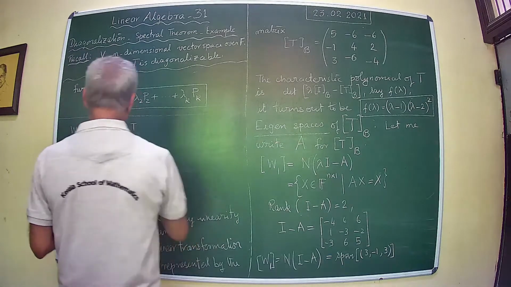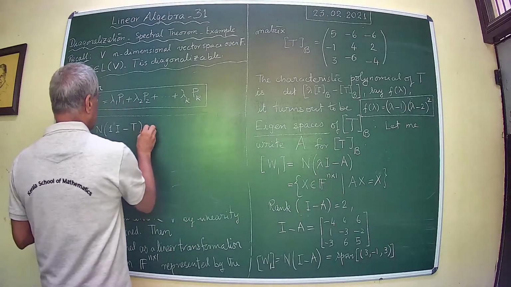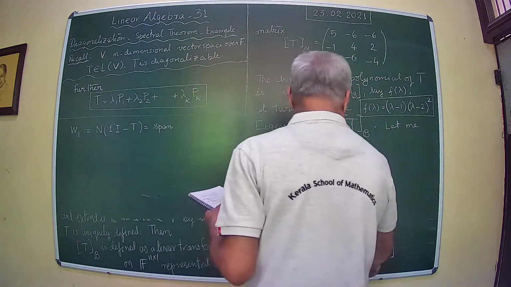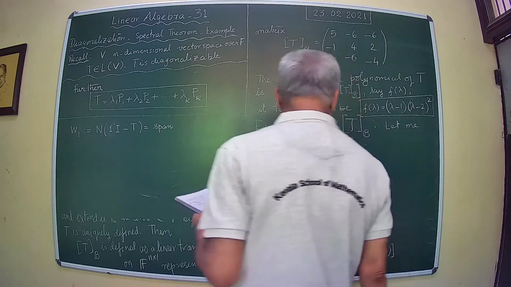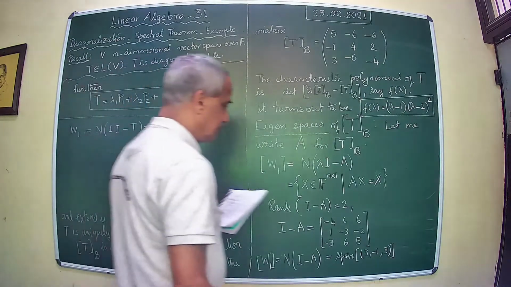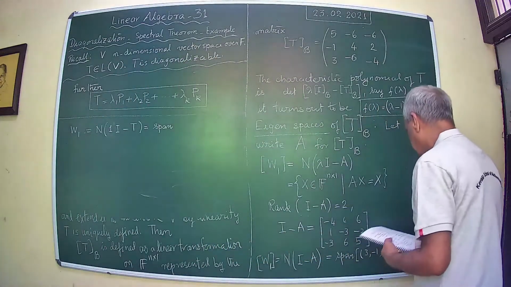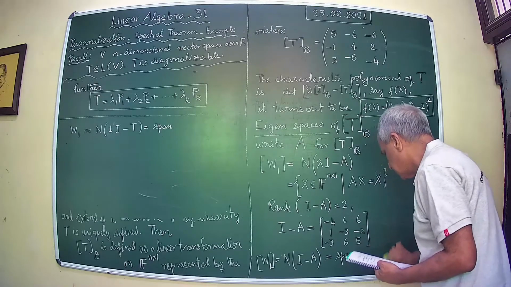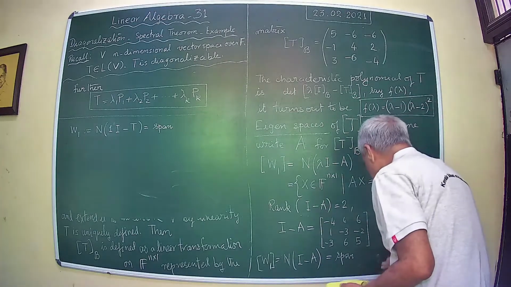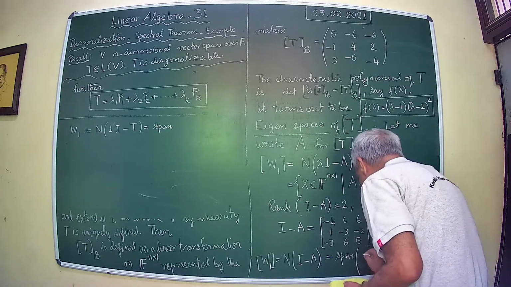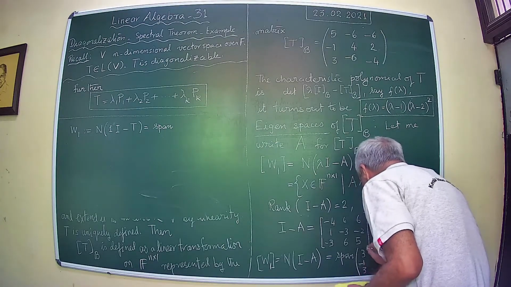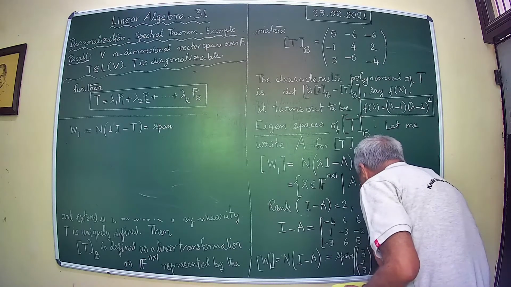This is 1 times I minus P. This is equal to the span of, we have to write down the corresponding polynomial. The corresponding polynomial is 3. I think maybe I write this properly. The right notation would be the column, because we are, yes, this is the right thing.